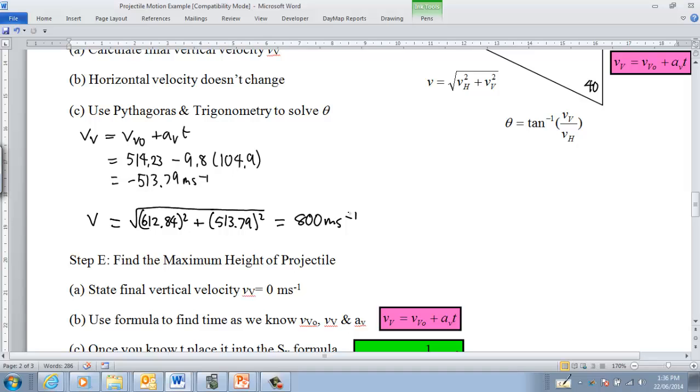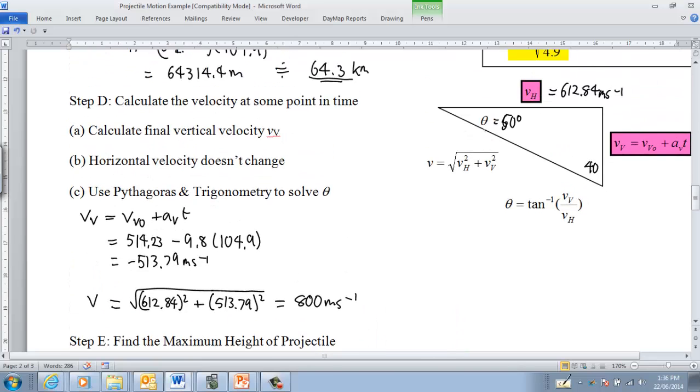And then obviously to work out the angle that this thing's coming down at, generally what we do is we say that angle there, so it's below the horizontal. So theta is equal to the inverse tan of the opposite side over the adjacent side. So as this works out, theta is always the vertical component of velocity over the horizontal component of velocity.